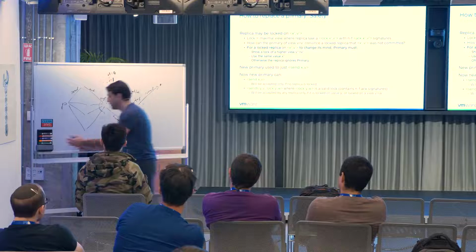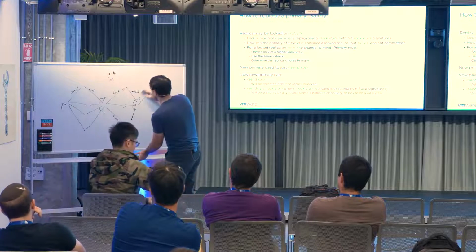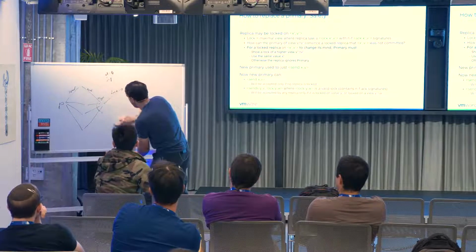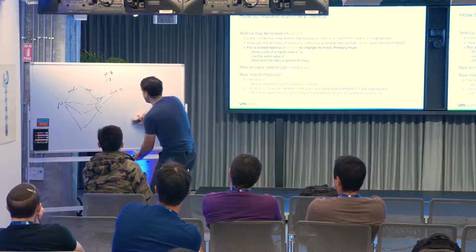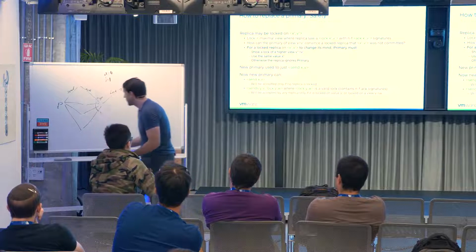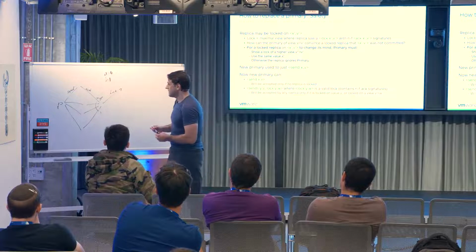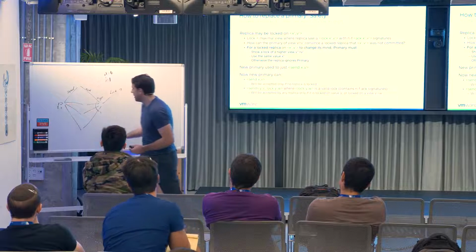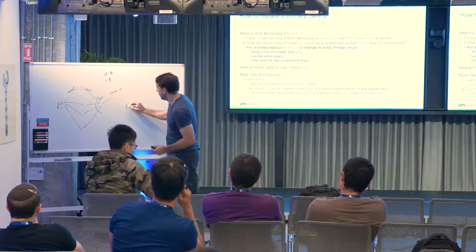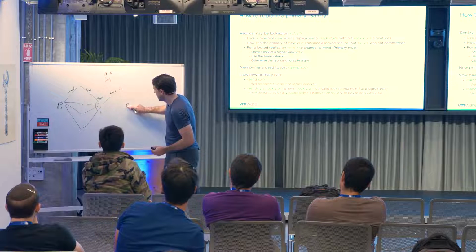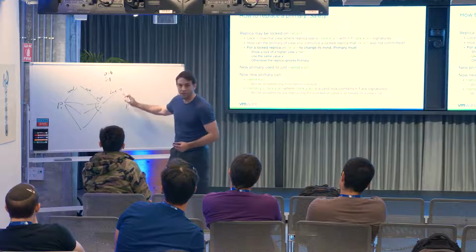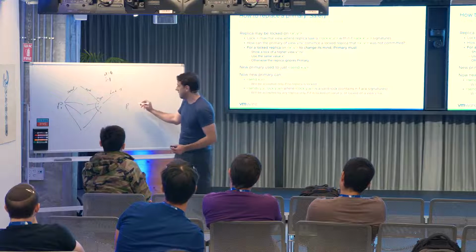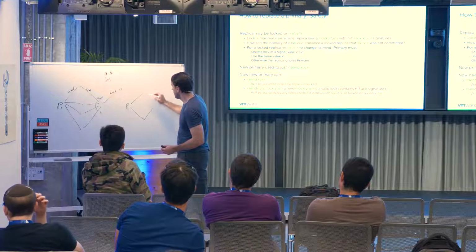Yeah. So let's assume that this is what happened in the world, and this is primary 1, and let's say there's primary 2, and primary 2 did a view change, didn't even see you, and it actually managed to commit.